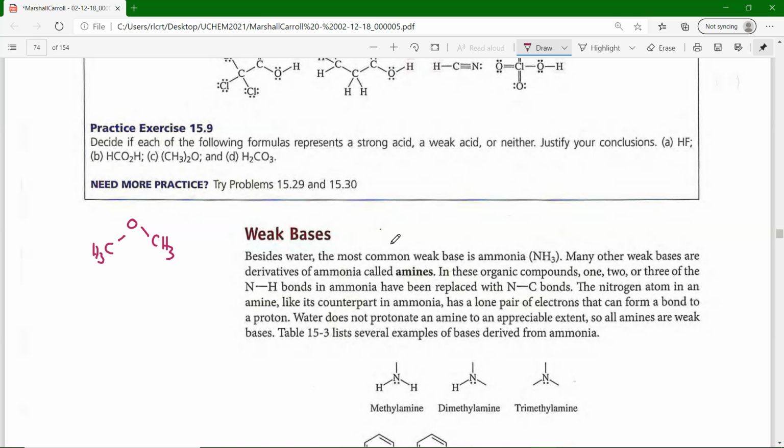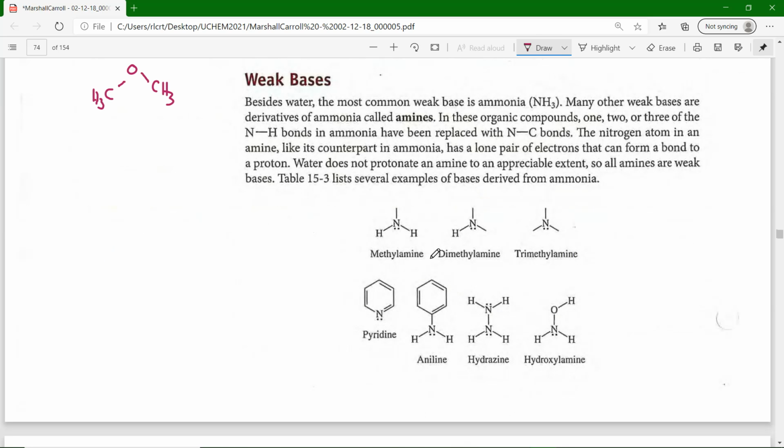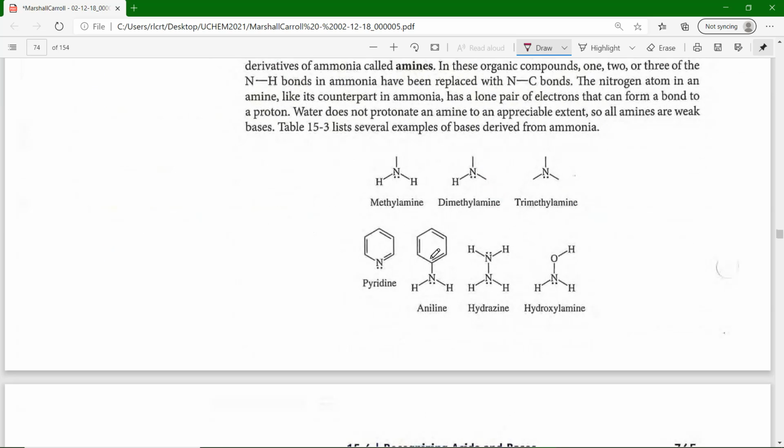Weak bases, we've already talked about those. Many weak bases are derivatives of ammonia. So in other words, you replace a hydrogen with some other group, usually with a carbon on it, but it could be other things, and you can replace 1, 2, or even 3 of them.